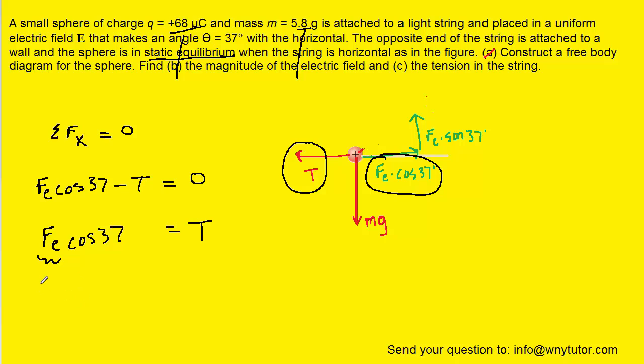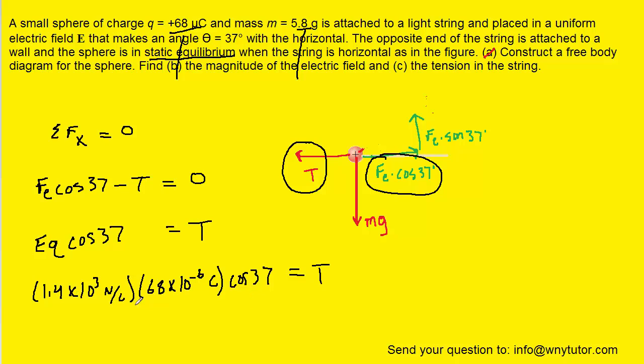As before, we'll replace Fe with electric field times the charge. And then we'll plug in the magnitude of the electric field that we found in part B, as well as the charge. And when you crunch that down on your calculator, you should get approximately 7.5 times 10 to the minus 2 newtons for the tension in the string. And this is the correct answer to part C.